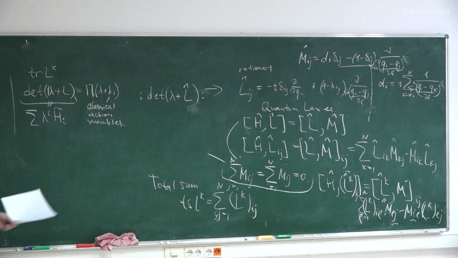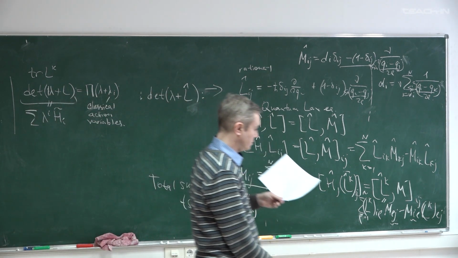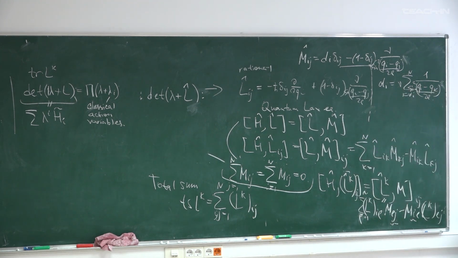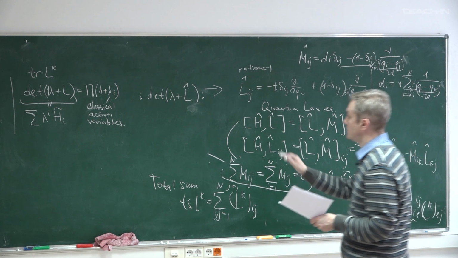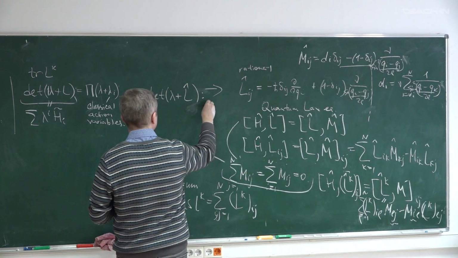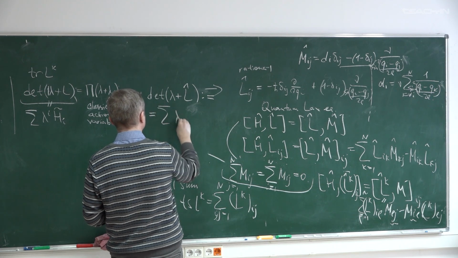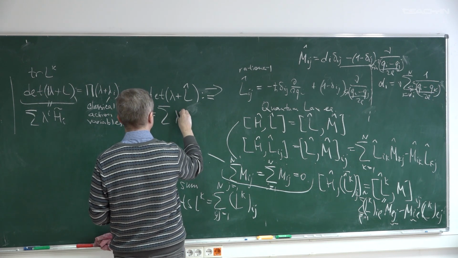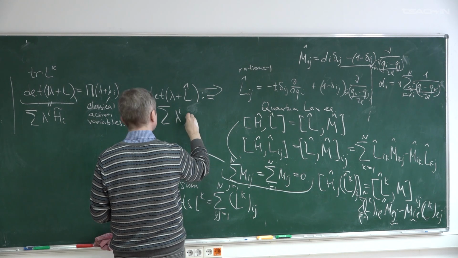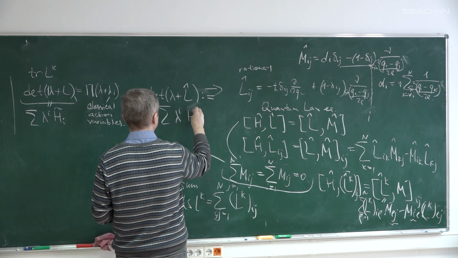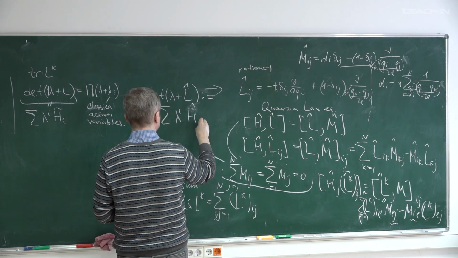And now let us look at this quantum operator and quantum expression. Let us fix that we choose a normal ordering here, and let us write it again in some form like lambda to the power of I, and here we put some quantum Hamiltonians.